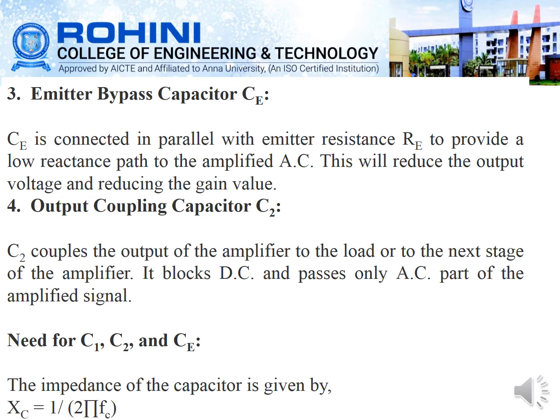And the next one is the emitter bypass capacitor CE. So here we are using one bypass capacitor. In this common emitter amplifier, we can use two types of capacitors. One is bypassed, another one is unbypassed.